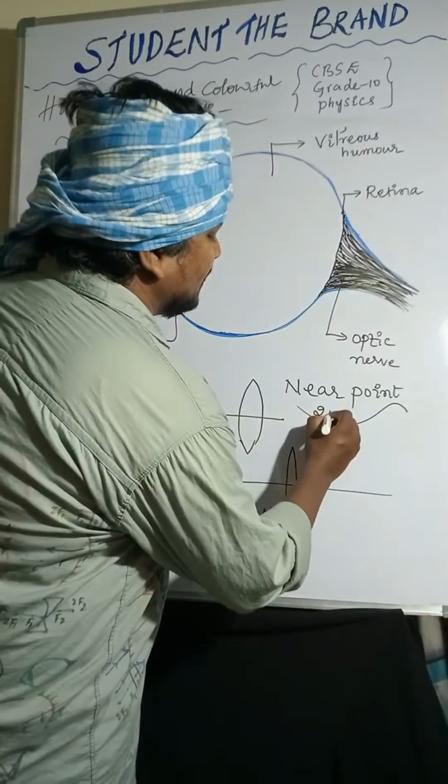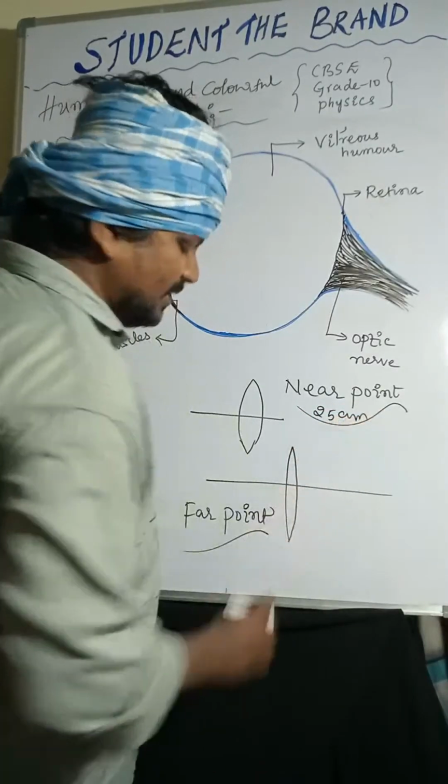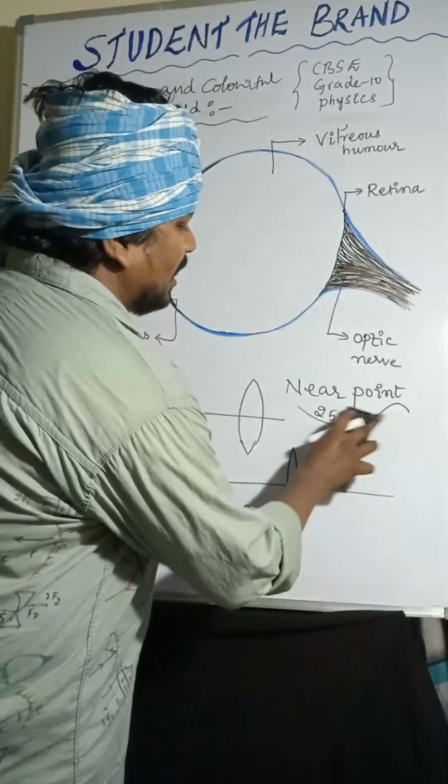The near point is 25 centimeter. Coming to the far point, the far point is infinity.